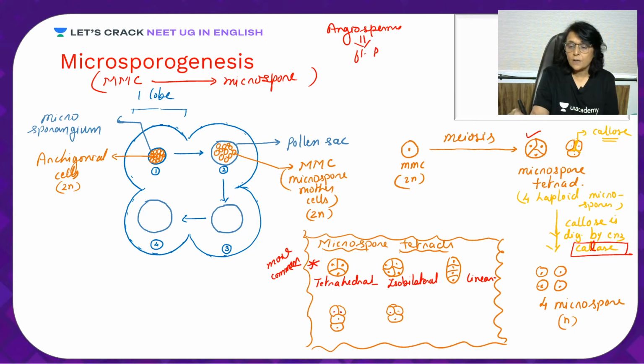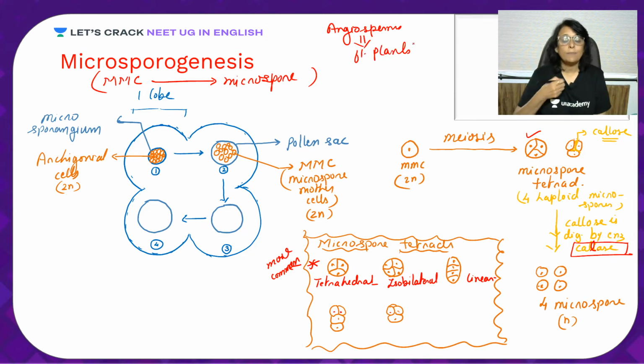Angiosperms are the flowering plants, and our chapter is sexual reproduction in flowering plants. So basically we are talking about angiosperms. In most of the angiosperms, the microspore tetrad shape which is seen is tetrahedral. Then some have isobilateral also, some have linear also.